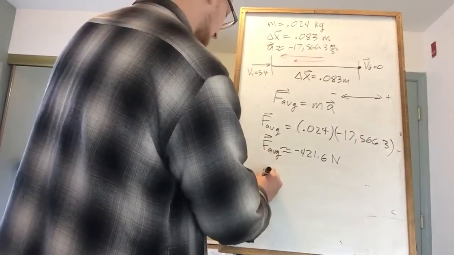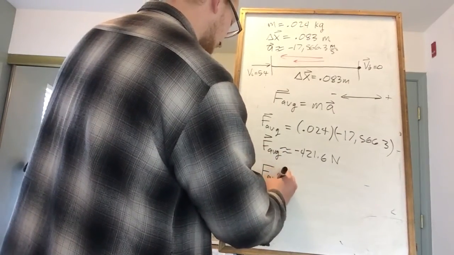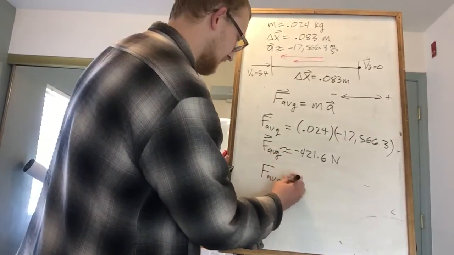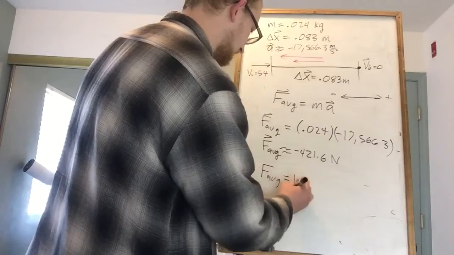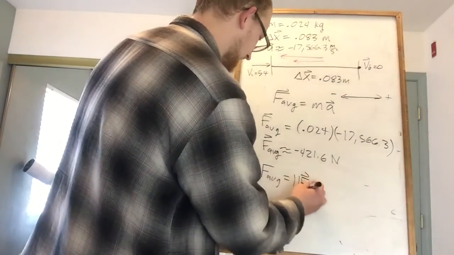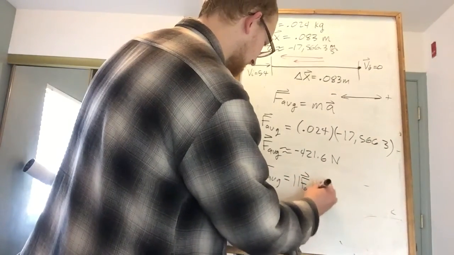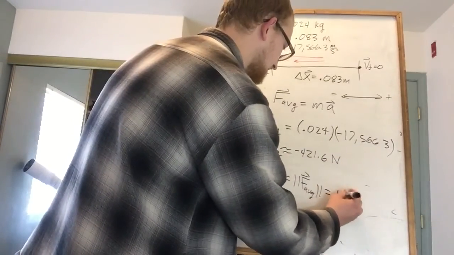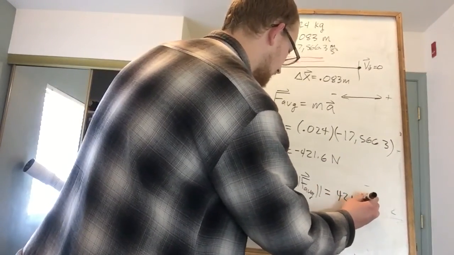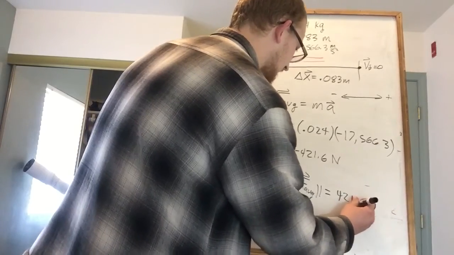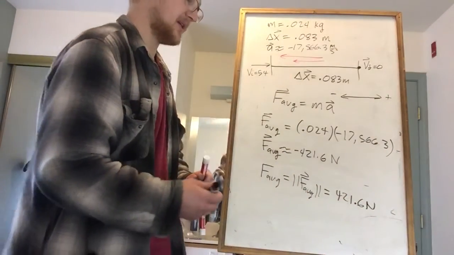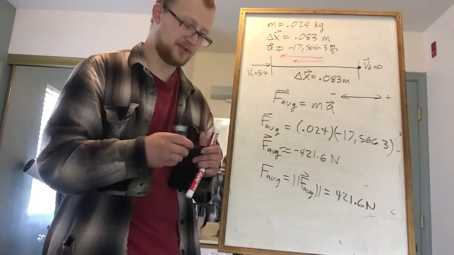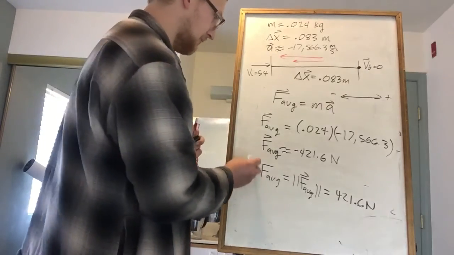But if you wanted to give F average as a non-vector quantity, sometimes you could write that as just F average without a vector sign, or more formally, two absolute value signs to represent the magnitude of F average. Then that would just be 421.6 newtons. And of course, you could rewrite this to be 0.4216 kilonewtons.